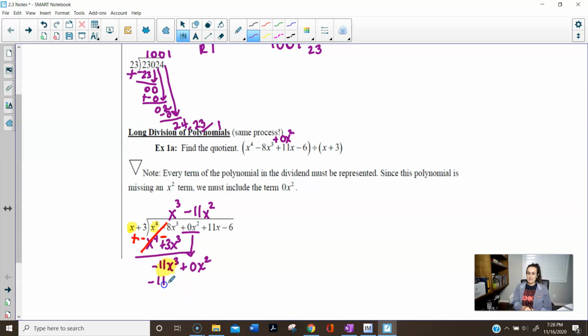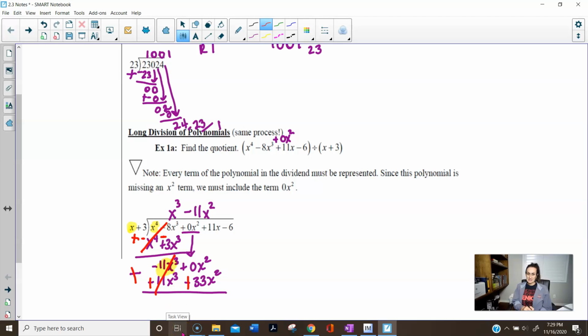Again, you want these to be identical. Negative 11x squared times 3 is negative 33x squared. Now, instead of subtracting, we are going to do plus the opposite.